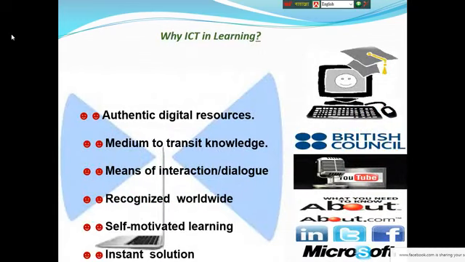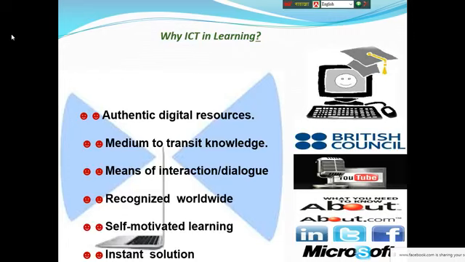This is the main focus of our today's lecture. That is why ICT in learning. Why are we using ICT? Today we will look at what the reasons behind it are, what the advantages are, what the flexibilities are, what the reliabilities are.